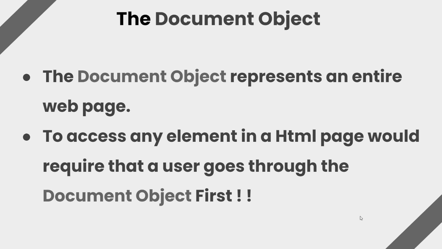After the HTML element, you have the next two, which are the head and the body. Within the head and the body, you have other elements which are on the same level. And then lastly, you have the content of those elements. So this is the reason why the document object is important.